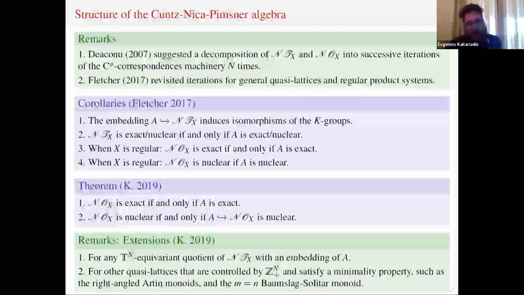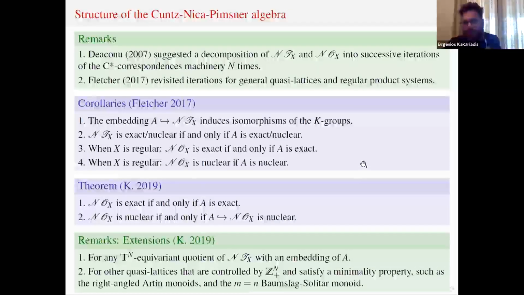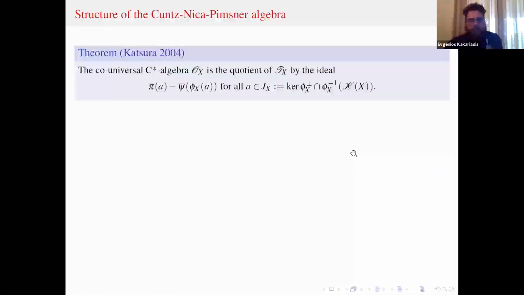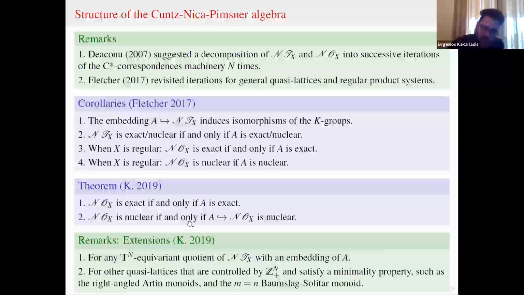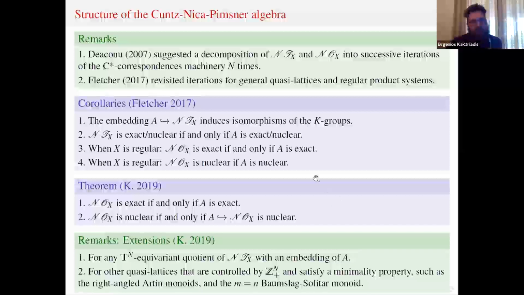Examples are the right-angled Artin monoids, if you want. Now, this required a little bit more machinery than what Katsura had, but the ideas are a little bit similar. You check what happens with the fixed point algebra and how you embed A in the fixed point algebra.